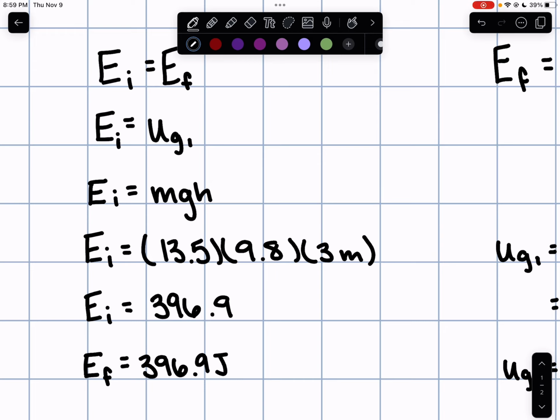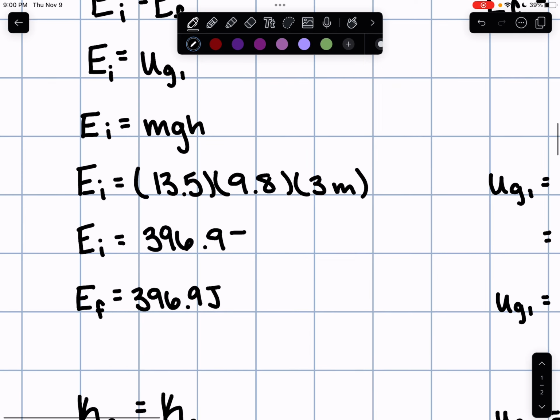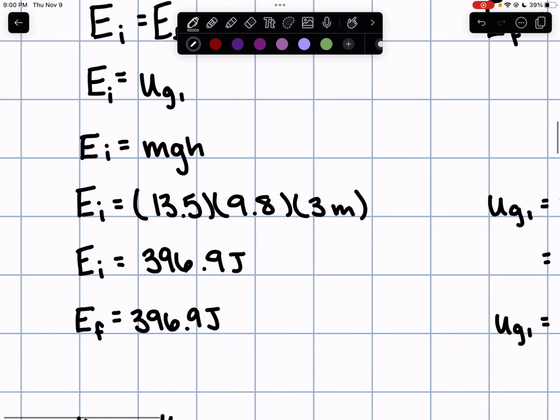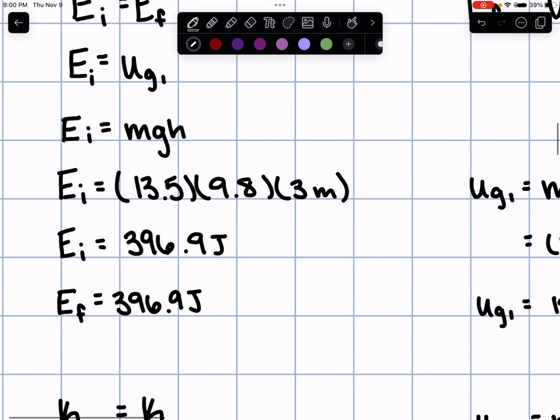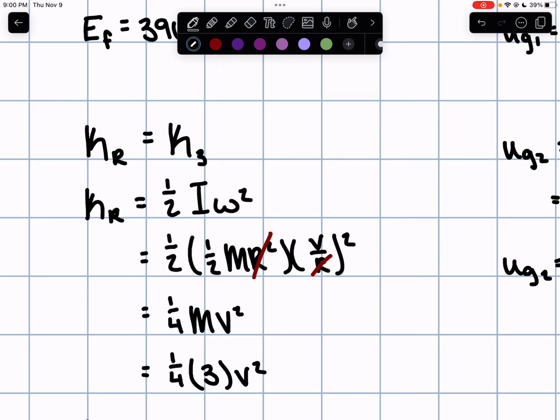For that, we're going to plug in mass 1, which is 13.5, g, which is 9.8, and h, which is 3 meters. So the mass, gravitational field strength, and the height. Then we can just plug that into our calculator and get that the initial energy is equal to 396.9 joules. Since initial and final are equal, we know final energy is equal to 396.9 joules as well. Now we can go on to the rotational energy.